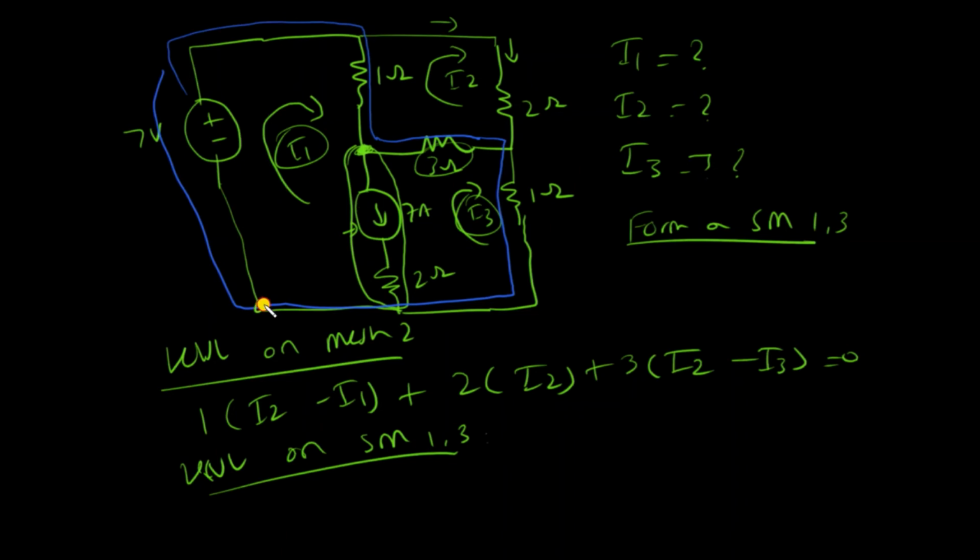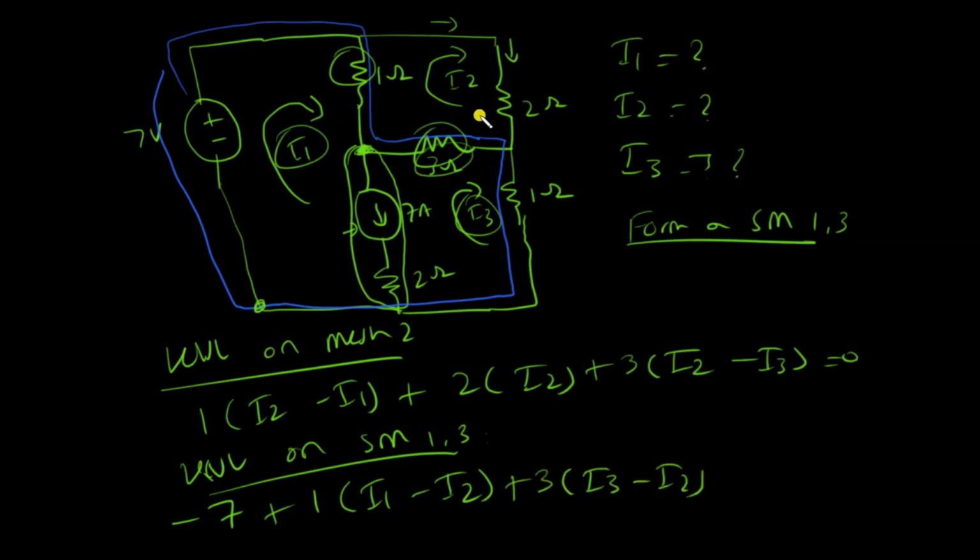So let's just start off from this point. There is this 7 volts source, there is this 1 ohm resistor connected between mesh 1 and mesh 2, and then there is this 3 ohm resistor connected between mesh 3 and mesh 2, and then there's the 1 ohm resistor which is just with the mesh 3, and that is it. And then I reach back at this point.